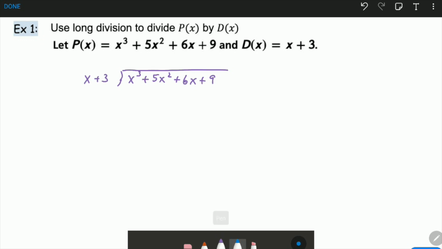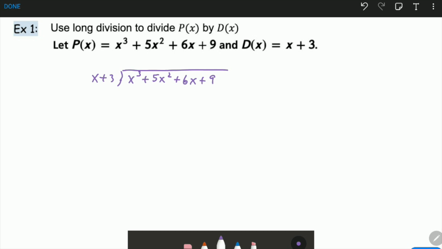Now that it's set up, it's very similar to long division with regular numbers. We need to figure out how many times our expression x plus 3 goes into the polynomial.